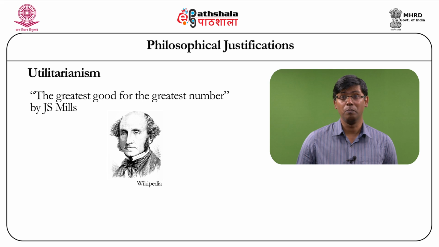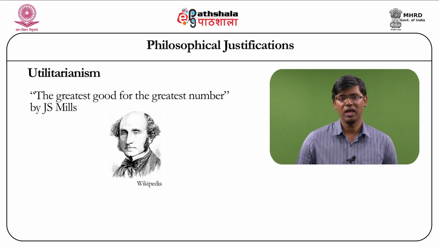Now, Mill was not the first person to talk in terms of consequentialism. It was Jeremy Bentham who started with the utilitarian theory, but Mill modified it and said an act would always be good if it results in the greatest good of the greatest number of people.